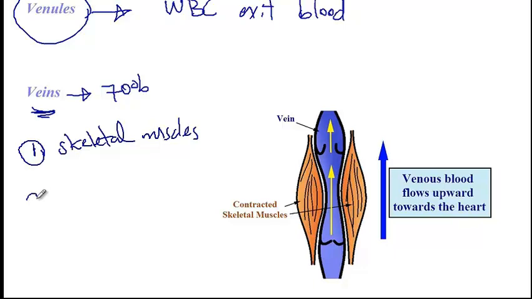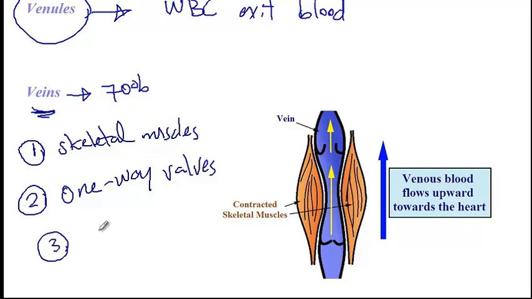towards the heart. The second mechanism is the presence of one-way valves that will prevent backflow of blood against gravity. So once blood is lifted upward, it can't backflow because of the presence of these valves.